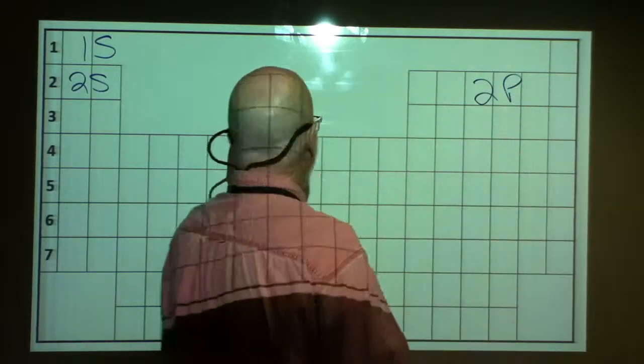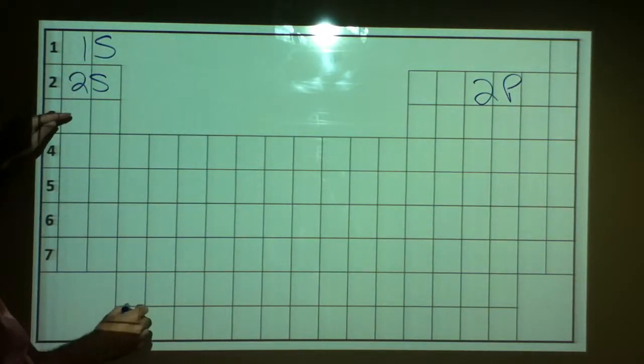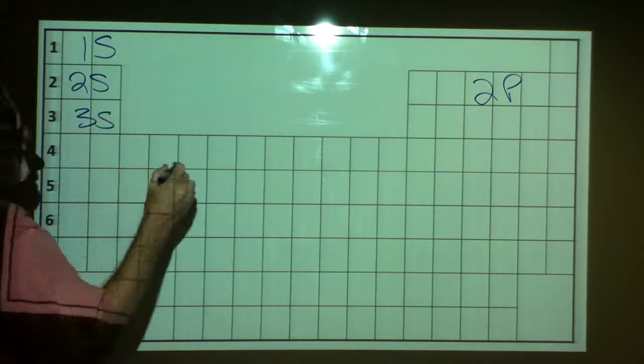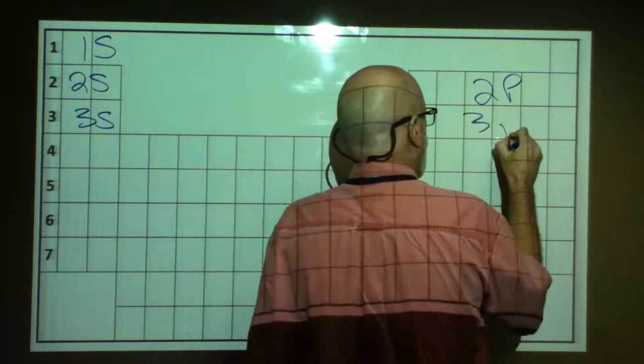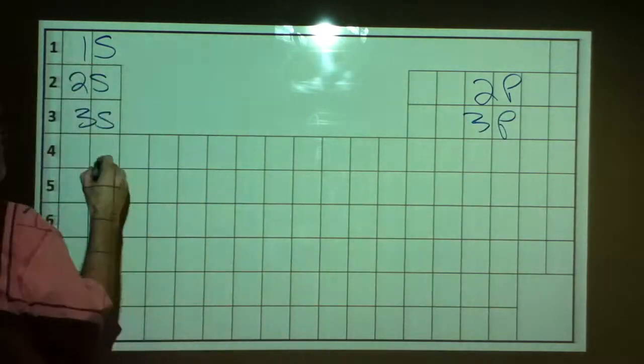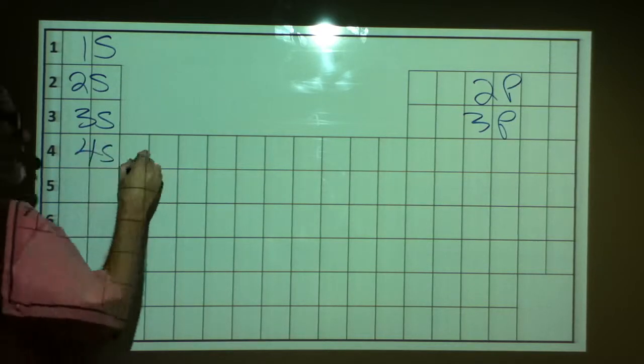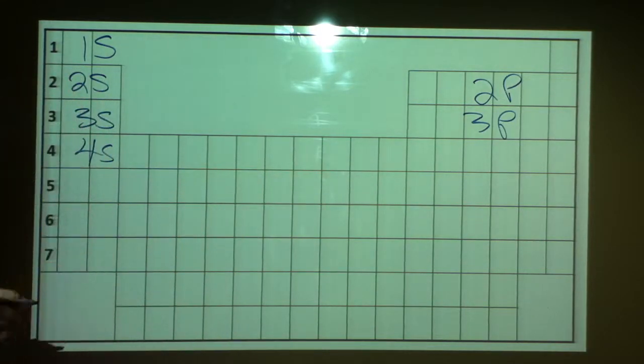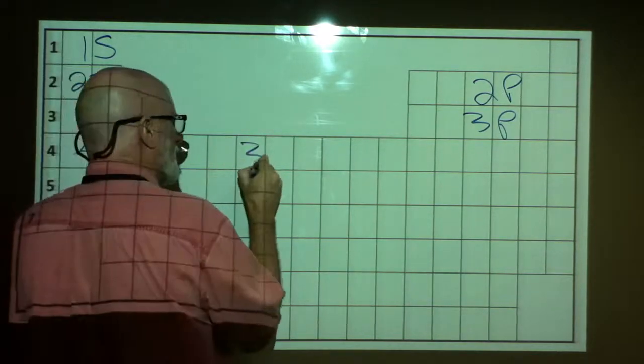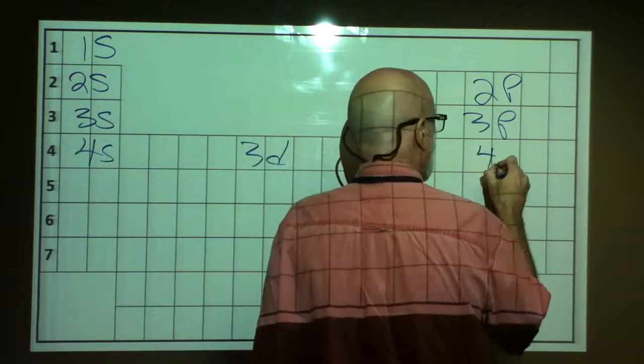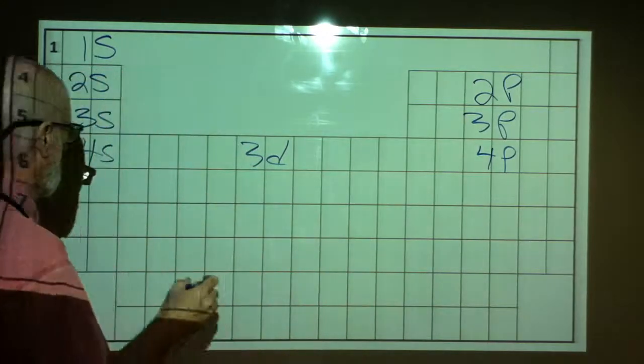2p. And what would this be over here? 3s. 3p. What's this? 4s. What's this? 4d? 3d. Yeah, that's it. 4p. What's this?